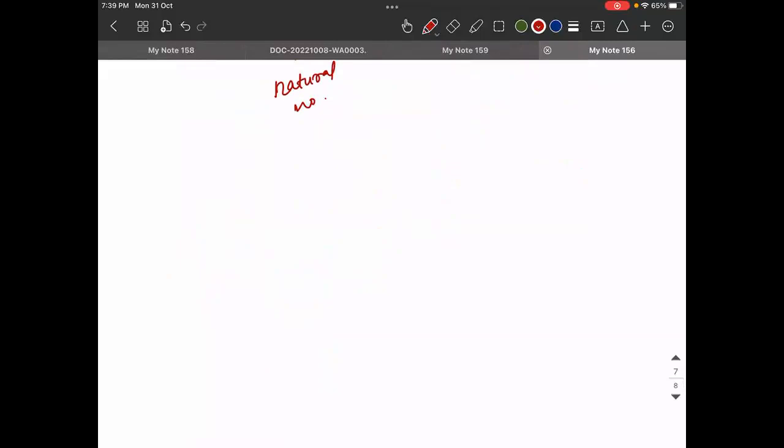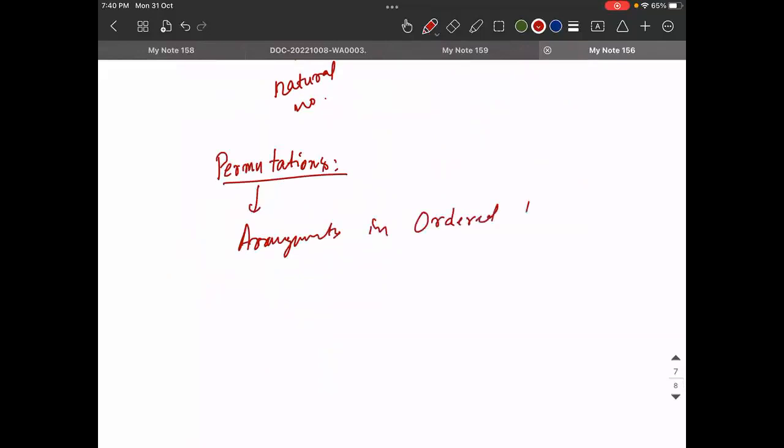Permutation. Permutation means arrangement in order, or in a particular order. Let me write it like that: arrangement in order. That's how you should write permutation.